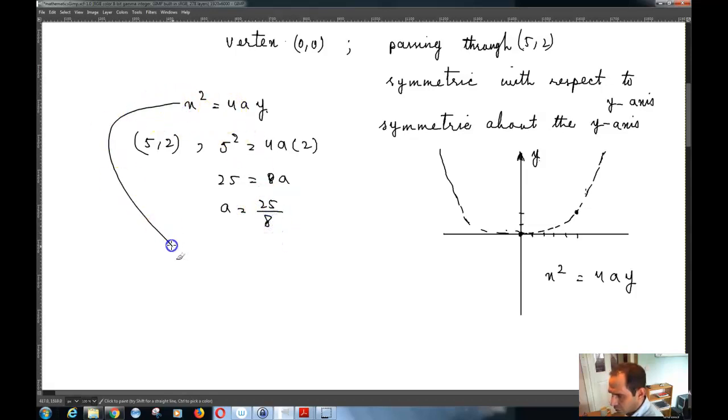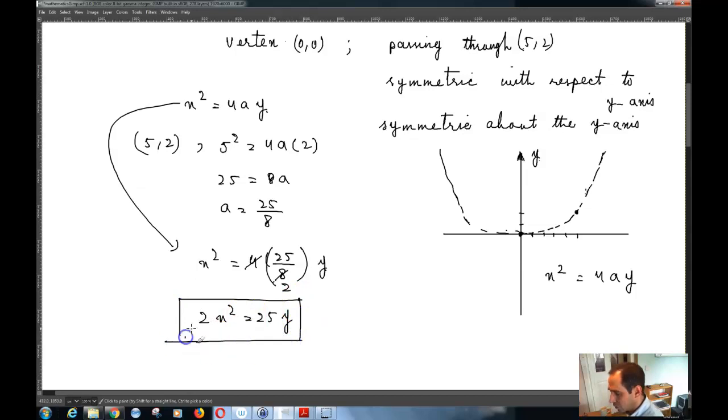So then you can write x squared is equal to 4 times 25/8 times y, and you can simplify this and write 2x squared is equal to 25y. That is the equation of your parabola. And this was question number 12. 2x squared is equal to 25y.